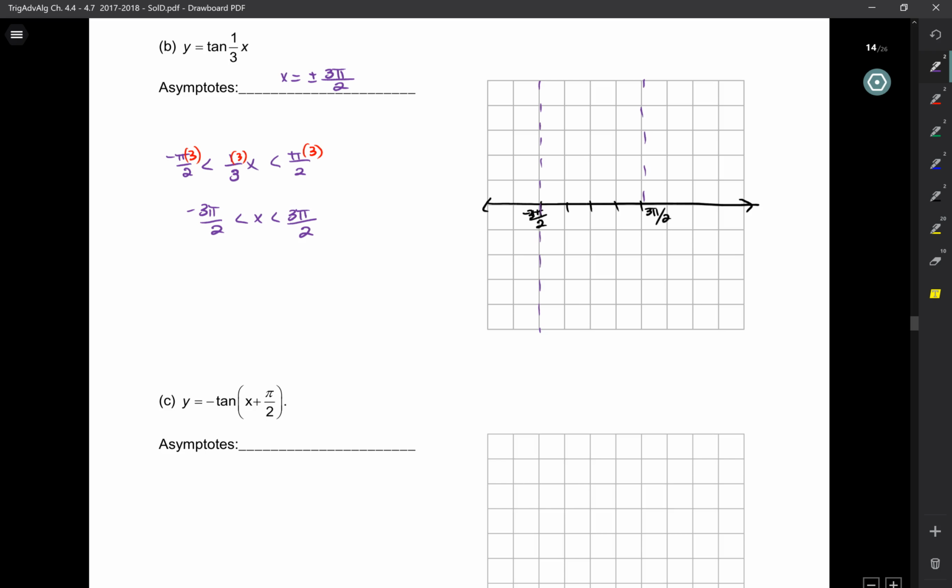Middle is 0. Middle point is 0. What's the midpoint? Okay, so it's 3 pi over 2, and then we're going to multiply by a half, so it's negative 3 pi over 4, 3 pi over 4. And we're going to go same orientation.